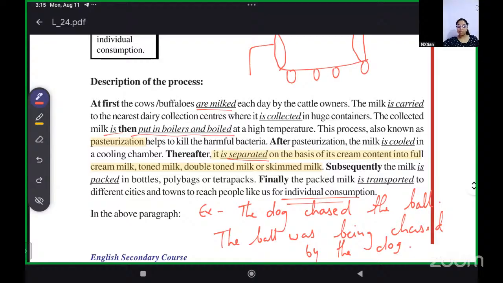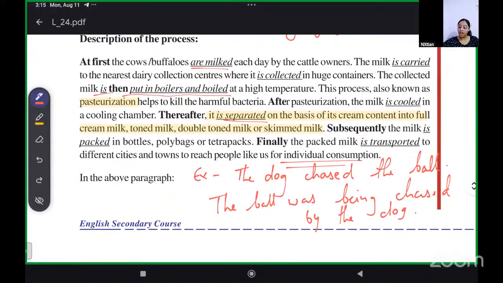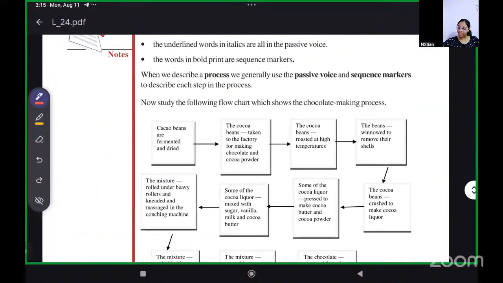That is, the ball is being chased by the subject. So this is passive voice. Now, the sentences which are in italics are all written in passive voice. The milk is cooled, separated, they are all in passive voice.